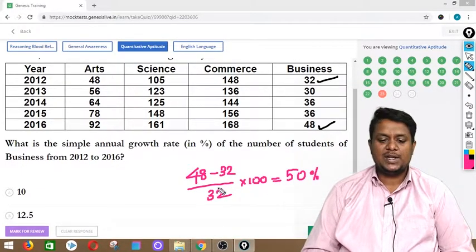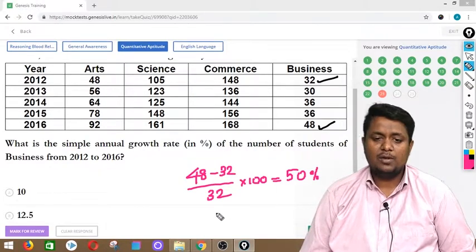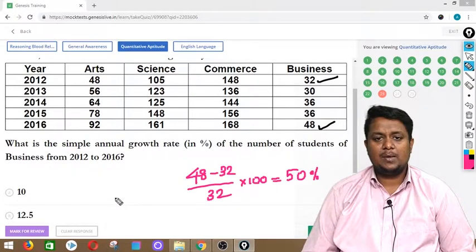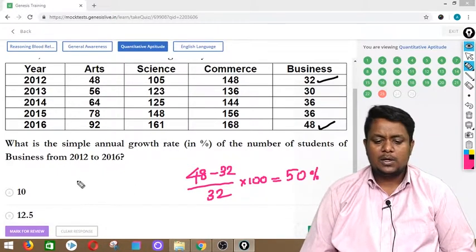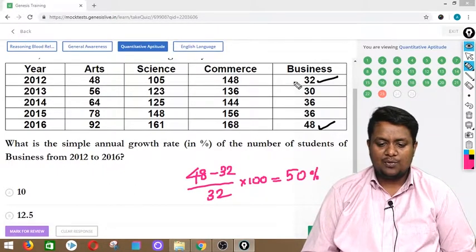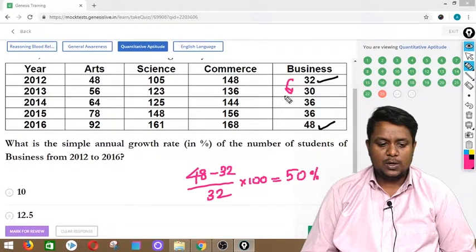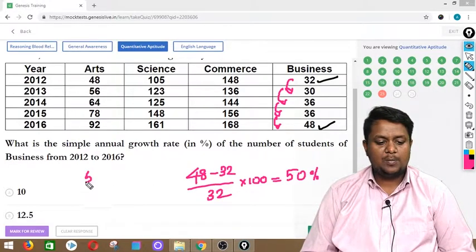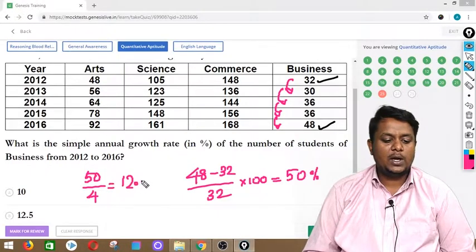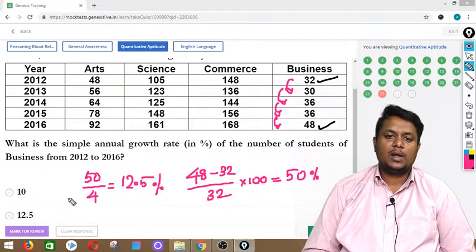So 50 percent is the growth in 5 years. They are asking for the average annual rate of growth, or simple annual growth. Which means there are 4 increases: 2012 to 2013, 13 to 14, 14 to 15 and 15 to 16. 4 growths are there. So 50% is divided into 4 equal growths, which will give 12.5% growth every year.